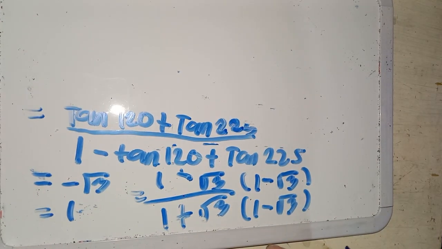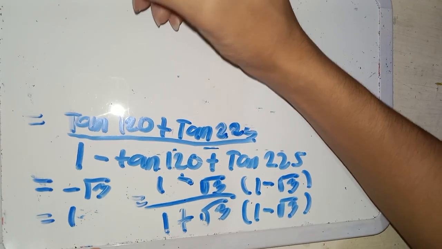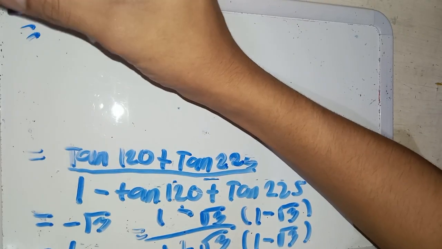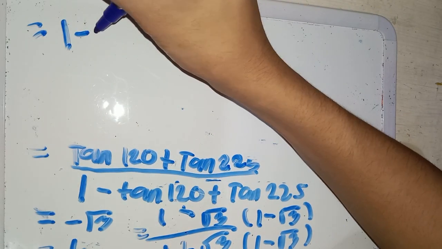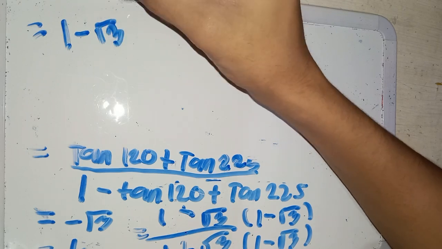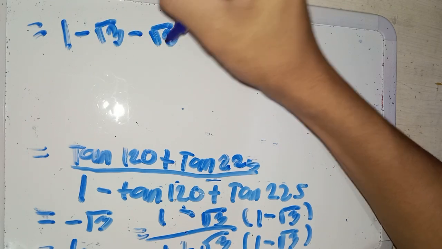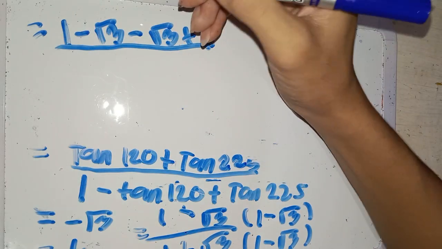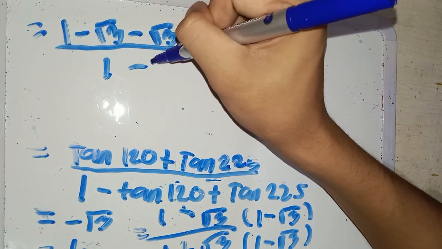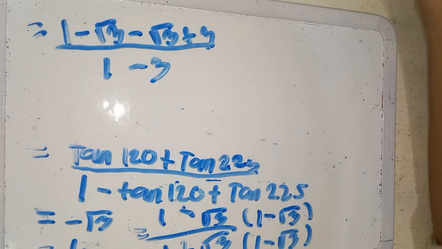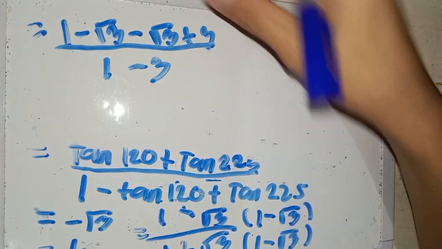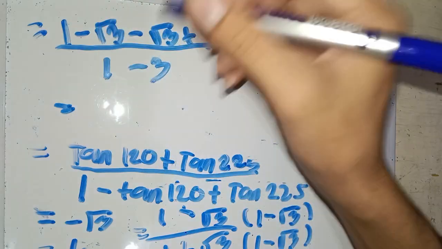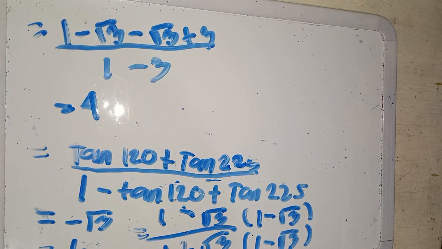So we need to multiply this. This is equal to 1 minus root 3 minus root 3 plus positive 3 over 1 minus 3. So we can add 1 plus 3, which is equal to 4.